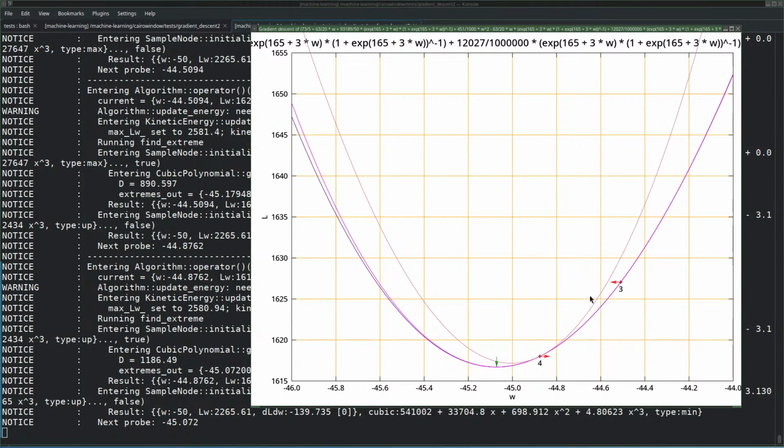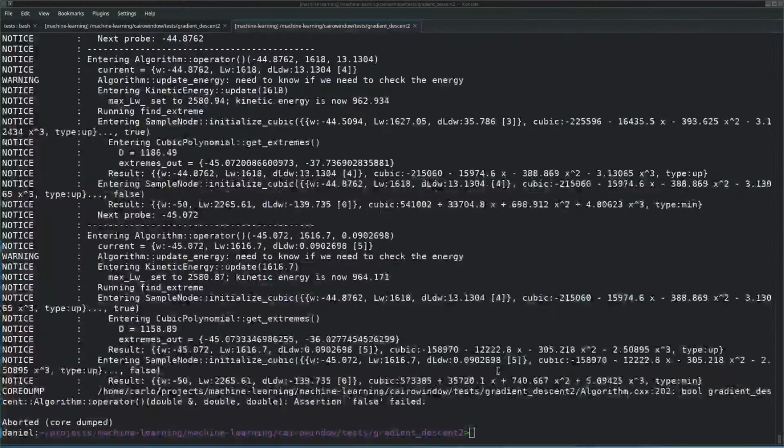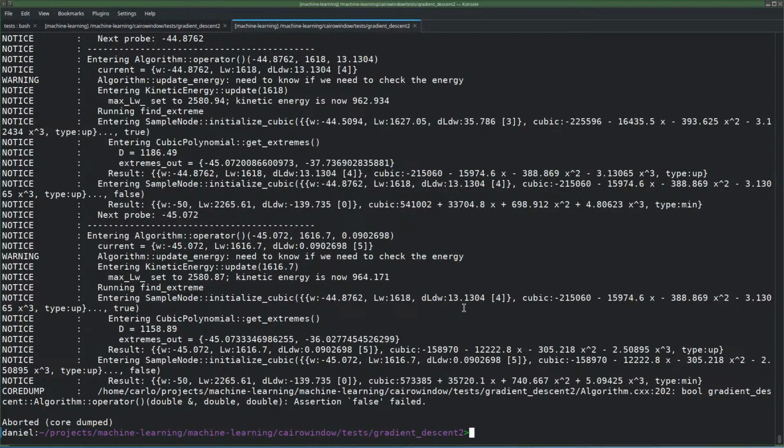What happens if I press space again? We jump here and then it should, of course, take the cubic through 4 and 5. And we crash because apparently now none lies in that region. That must be between left and right.